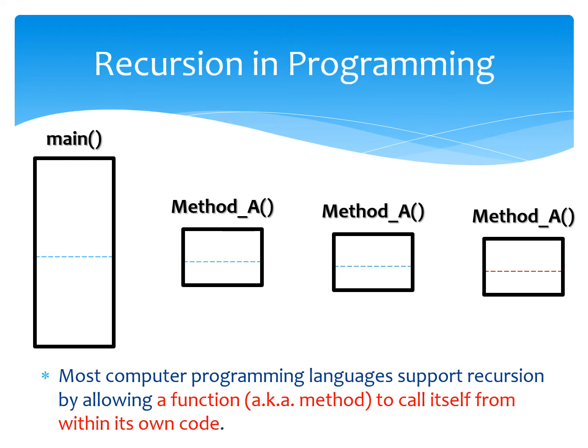This animation demonstrates a recursive function call. As you can see, the program starts from the main method. When reaching the blue dot line, we call method A and start to run statements in method A. As you can observe, in method A, the blue dot line represents a function call which calls itself, and thus we call method A again.